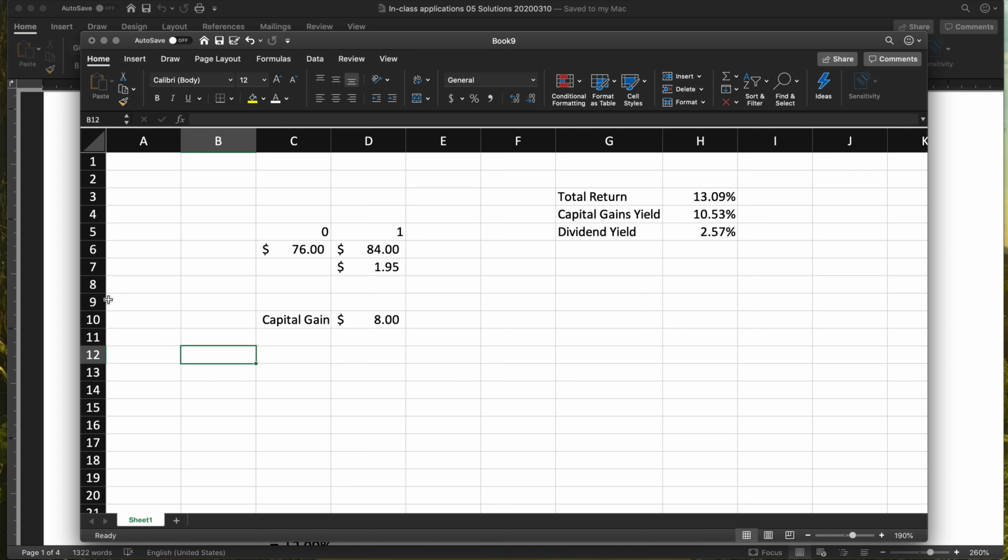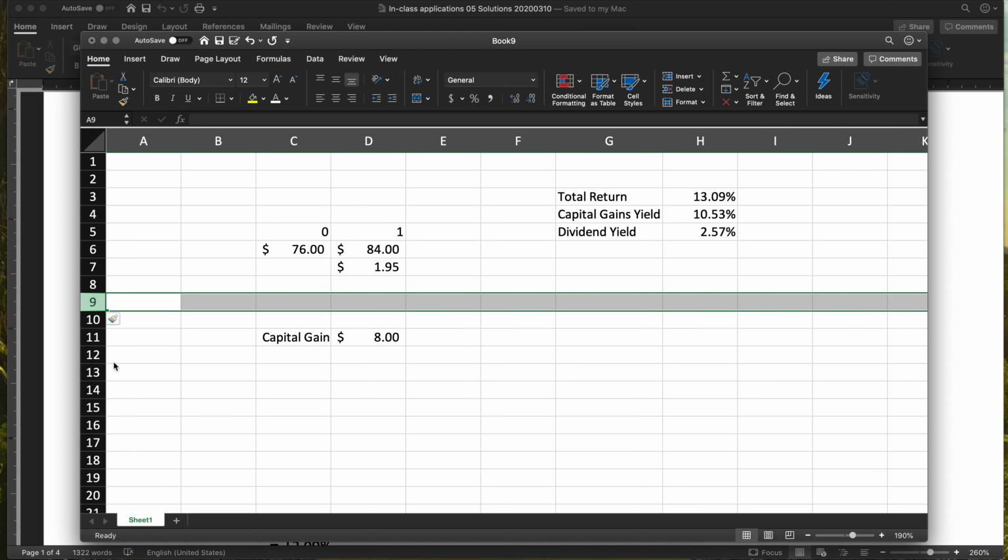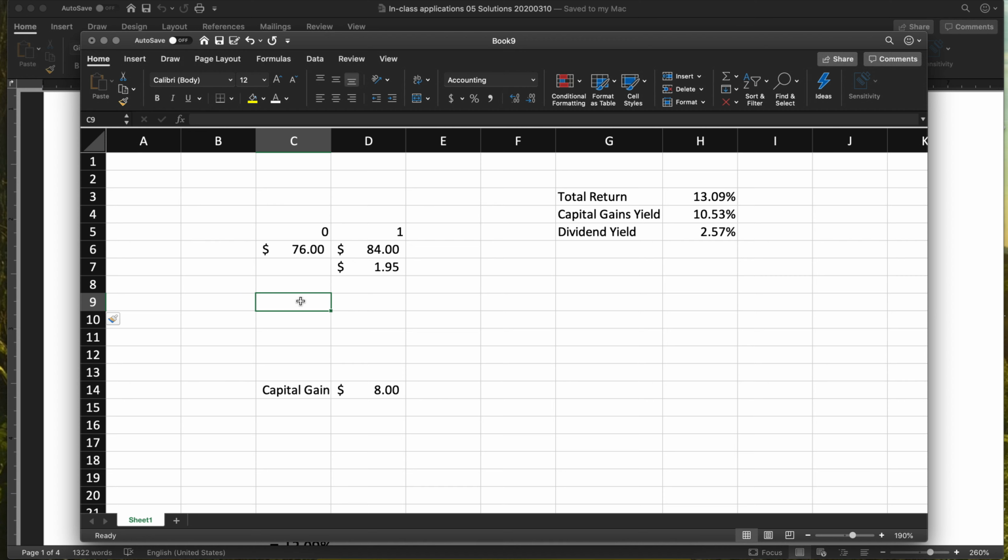If you were really stumped, one way to do this might be to take the sum of the cash flows. So this is almost like a present value calculation, and in fact we can do that. So we can make some guess about what R is. Let's say it's 10%.